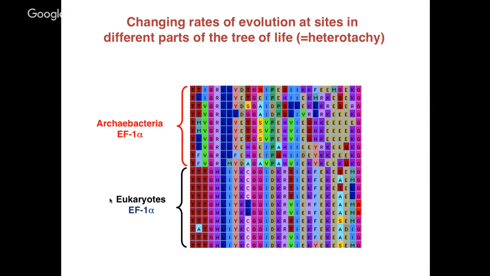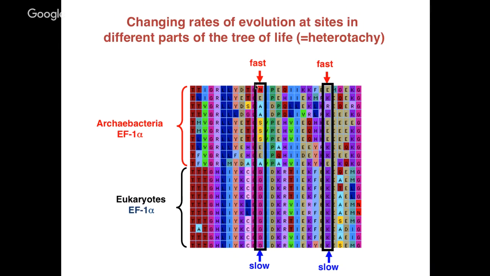If you look closely, what you immediately see is that at certain aligned positions, certain sites are evolving quickly within archaea and are completely invariant, at least, within the eukaryotes under examination. And I've chosen the phylogenetic breadth of the archaea and the eukaryotes here to be roughly equal.